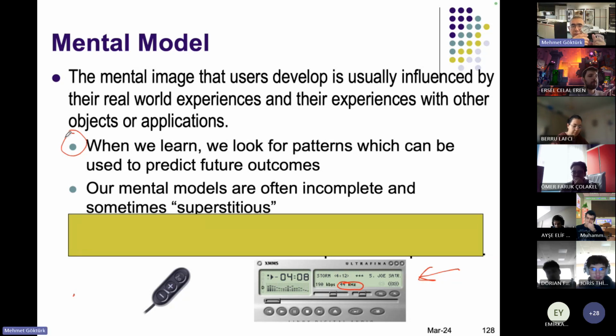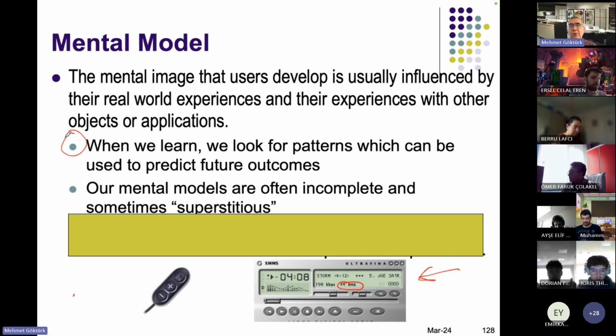Or here's a gauge. This gauge shows the pressure. So in order to have the pressure increased, I need to see the needle moving. My mental model says the needle has to move to a certain position.